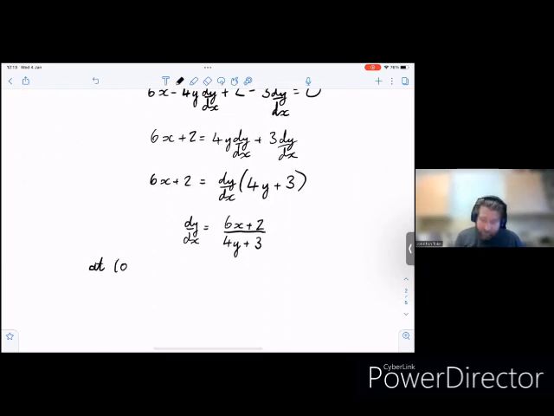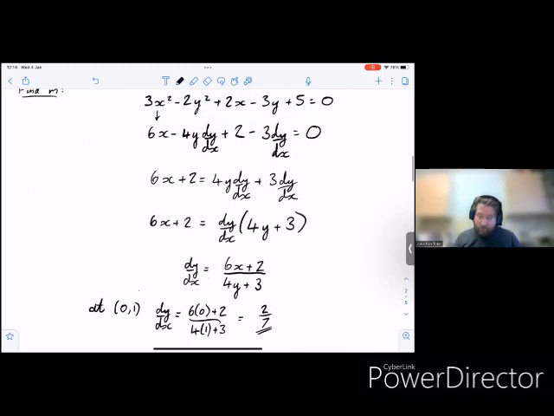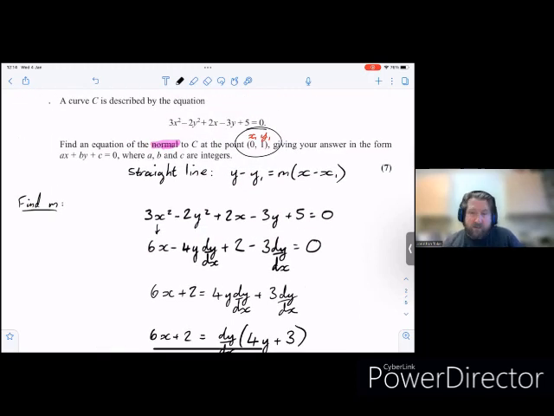So at the point 0, 1, dy by dx is, just sub them in, 6 times 0 plus 2 over 4 times 1 plus 3, which is 2 over 7. Now, if we go back to the question, it's not asking for the tangent to the curve, it's asking for the normal.